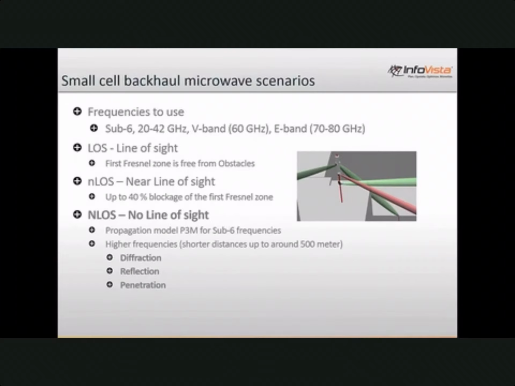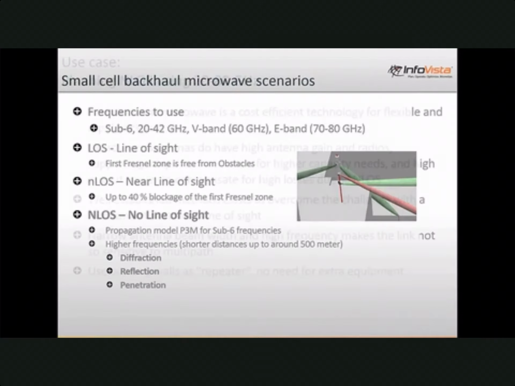For the higher frequencies, now we are talking about those shorter distances. There are actually three different scenarios that can be used, and that is diffraction, reflection, and penetration. And when you see those words, you recognize that it's traditional microwave planning, but you may not have line of sight, but still diffraction, reflection, penetration, nothing new.